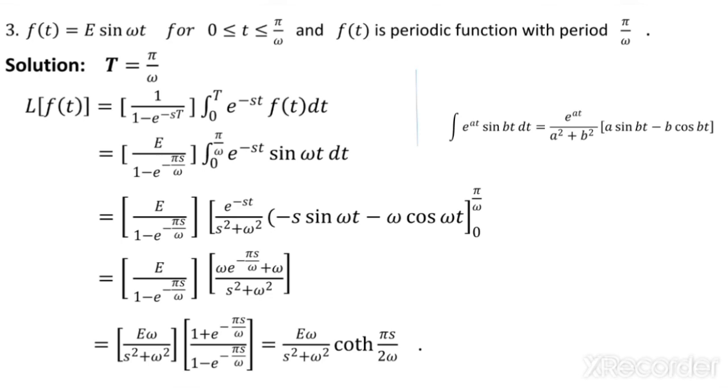Earlier we took 1 minus e power minus theta by 1 plus e power minus theta, which is tan hyperbolic. Here it is the reciprocal, 1 plus e power minus pi s by omega by 1 minus, so it is cot hyperbolic.